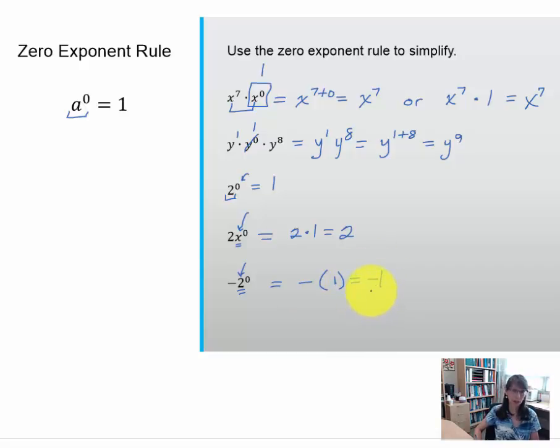So what I was talking about earlier, sometimes we have answers other than 1 when a base is raised to 0. And that's only because there are other operations happening to the base. In this last example, a negative was being multiplied by the base. In this example, 2 was being multiplied by base of x. So we have answers other than 1.